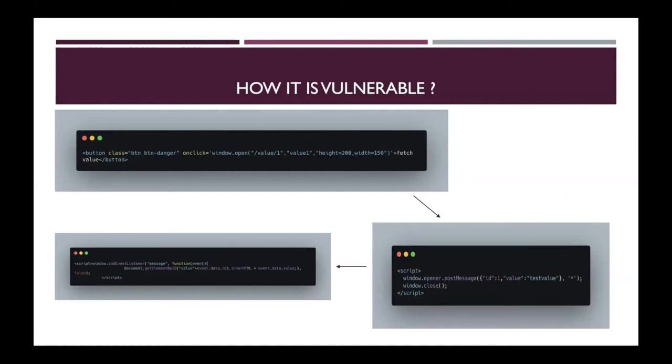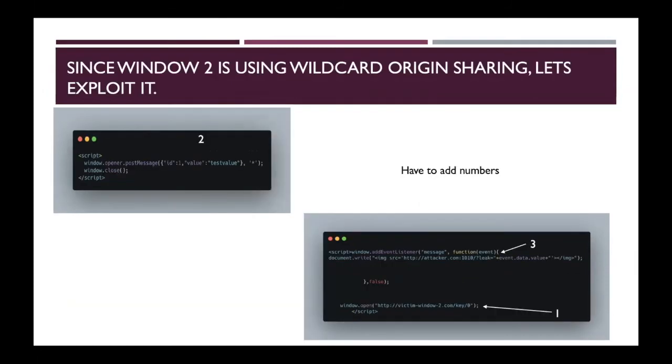So how can an attacker exploit this vulnerability, since the application is using the wildcard origin, or star, in the postMessage function?